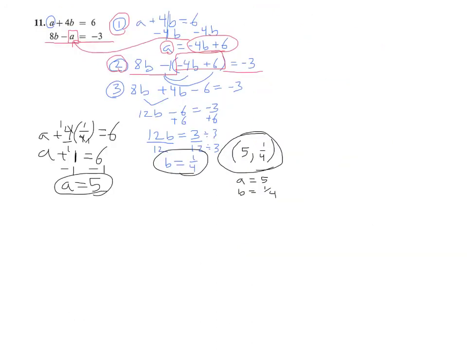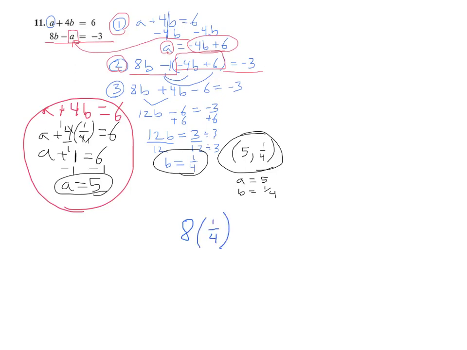To double check this, let's just plug this into the other equation. I already used the first one here, A plus 4B equals 6. I already used that one. So let's plug it into the other one. So 8B, and B is 1/4, and then minus A, which is 5, equals -3.